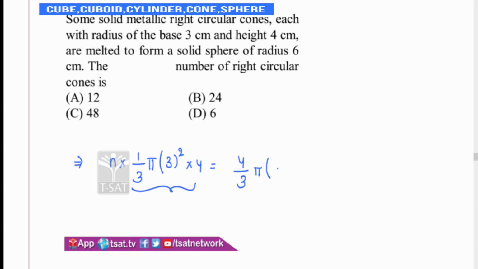Here radius is 6, therefore 6 cube is 216, or else take it as 6 into 6 into 6. Pi by 3 cancel. 4 cancel. Now n is equal to 4 into 6, 24. Therefore 24 such cones are needed.